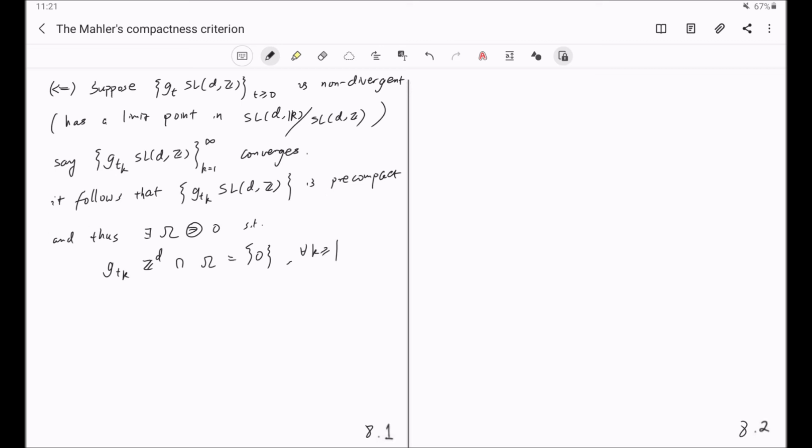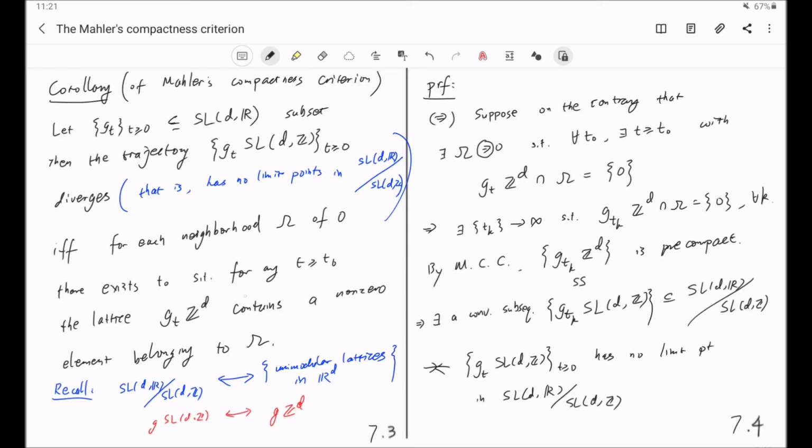But this contradicts the right-hand side of the corollary we want to prove.